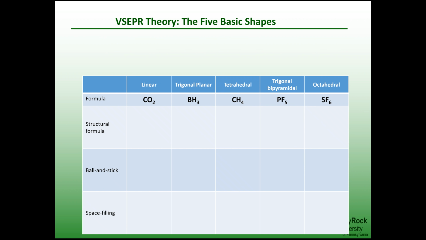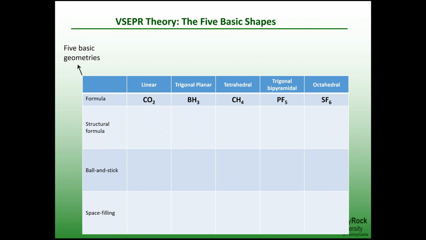This slide builds on VSEPR theory by showing how 5 basic electron group geometries serve as the foundation for predicting both ideal and derived molecular shapes. As a reminder, VSEPR theory states that electron groups around a central atom arrange themselves to minimize repulsion, resulting in a predictable 3-dimensional geometry.